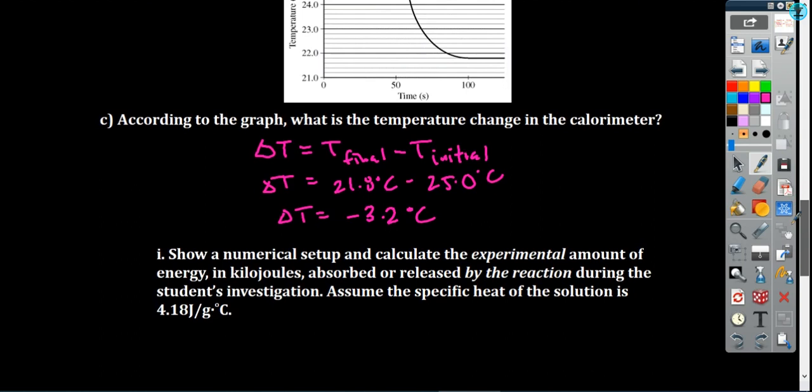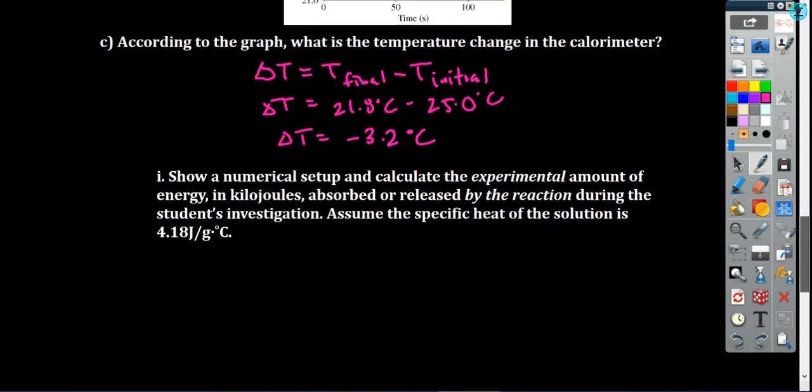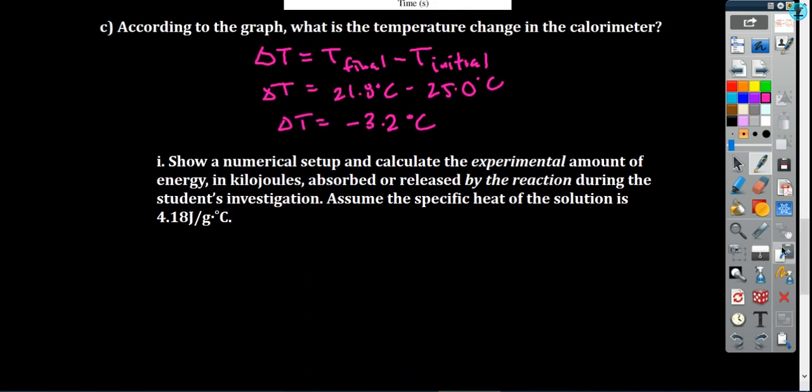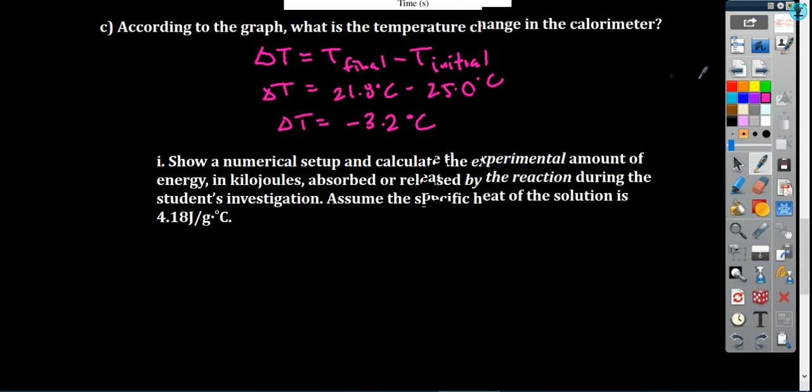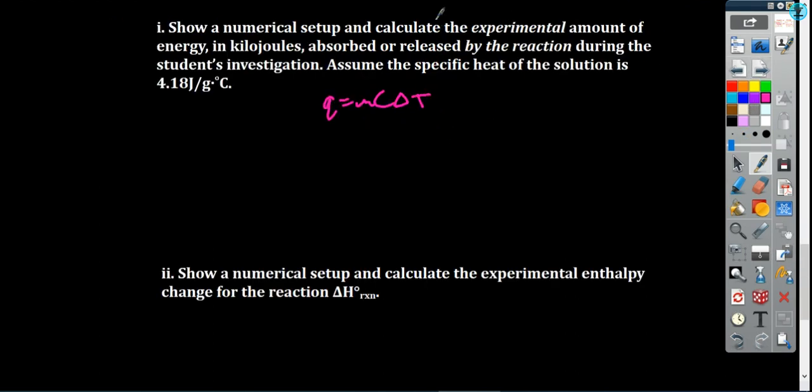Interesting. Lab error. It says, show a numerical setup and calculate the experimental amount of energy in kilojoules absorbed or released by the reaction during the student's investigation. Assume the specific heat of the solution is 4.18 joules per gram degree Celsius. Okay, so we're going to be working a little bit backwards from what we did in the first part of this FRQ.